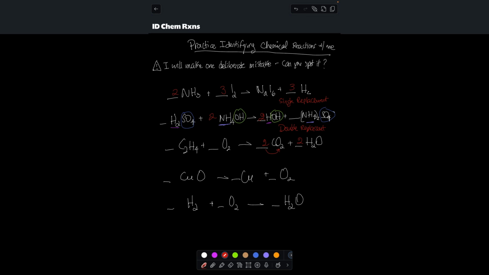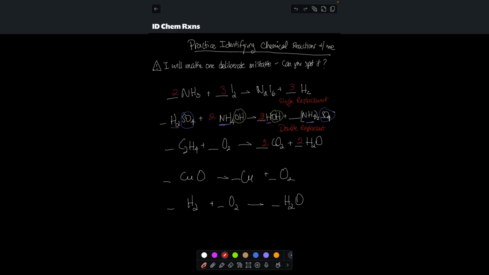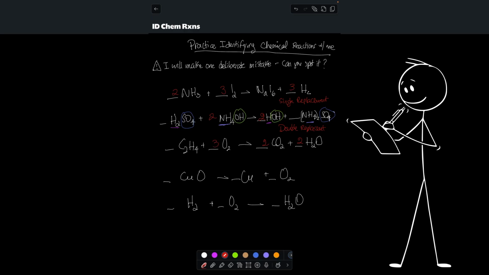times 2 oxygens, so that's 4, plus the 2 that are here, that's a total of 6, all right? So now we have to create 6 oxygens on the other side. So 2 times what will give us 6? 2 times 3 will give us 6 over here.